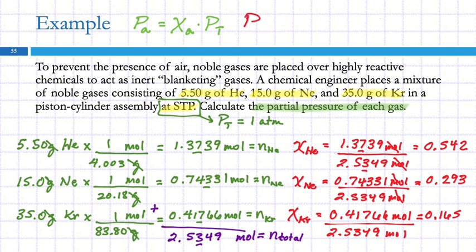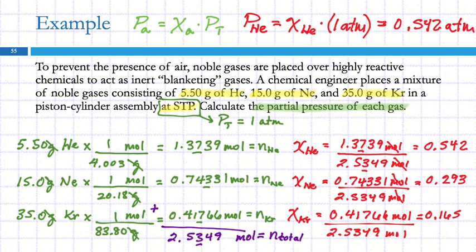So the partial pressure of helium equals the mole fraction of helium times the total pressure, which is 1 atmosphere. So that's going to give me 0.542 atmospheres. Because the total pressure here is 1, the partial pressure of each of the gases is equal to their mole fraction, because we're just multiplying by 1.